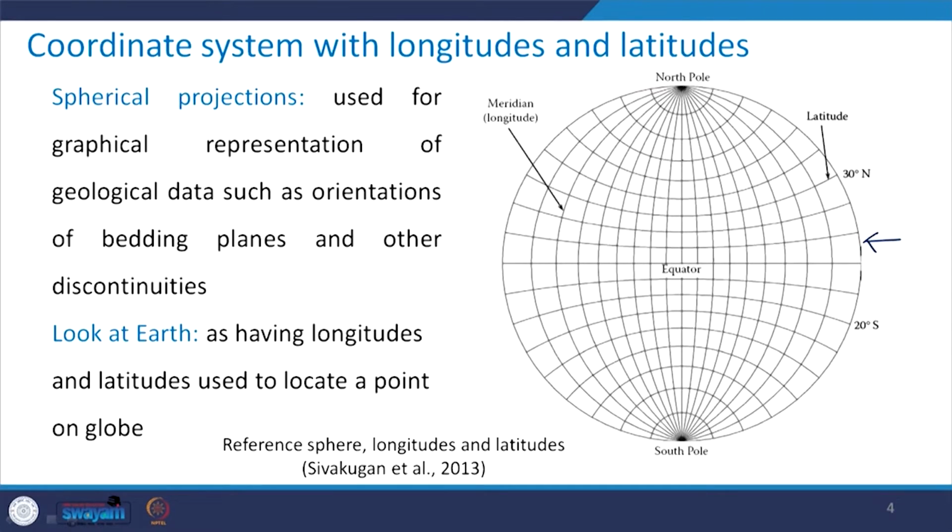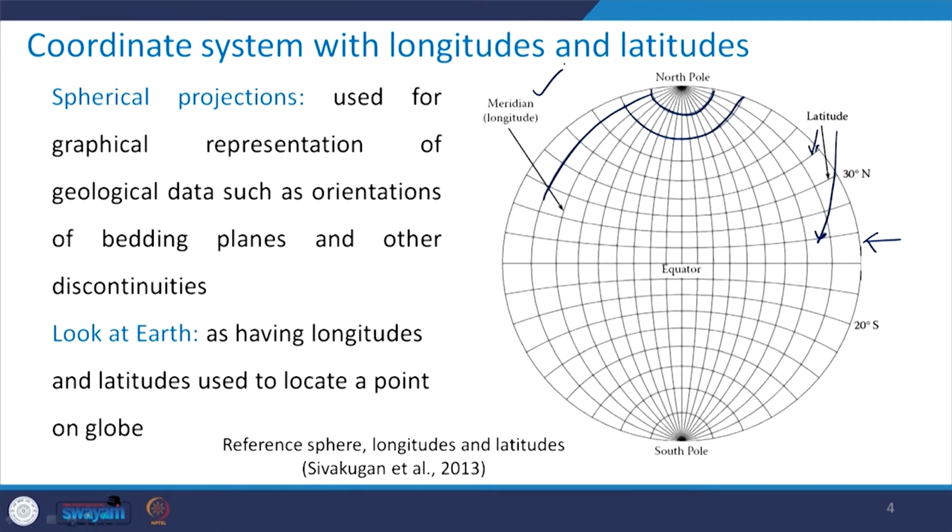You can see that all these lines represent latitudes, and the lines in this direction show the longitude or meridian.